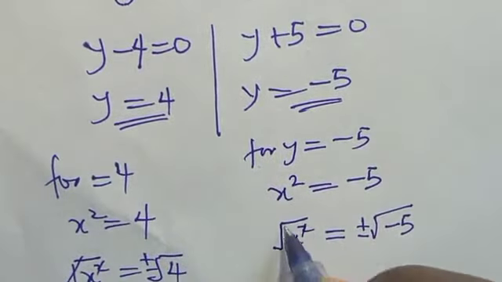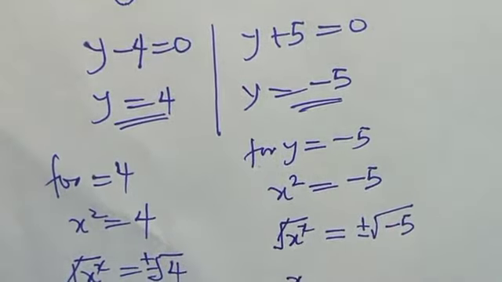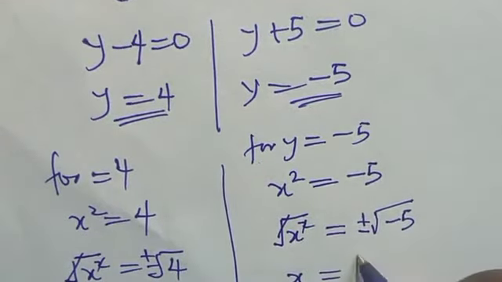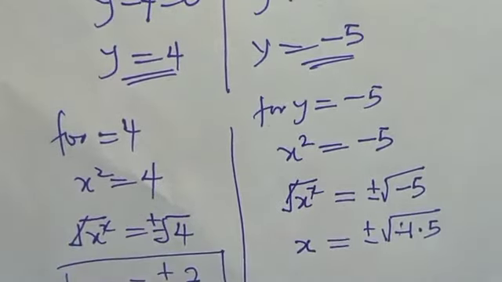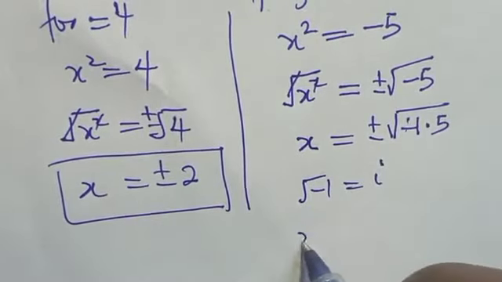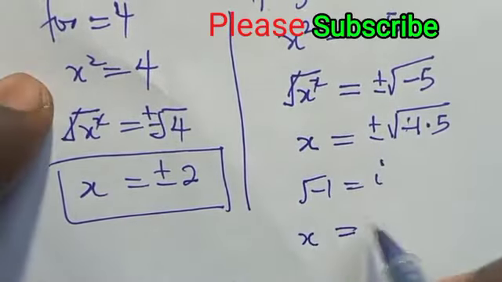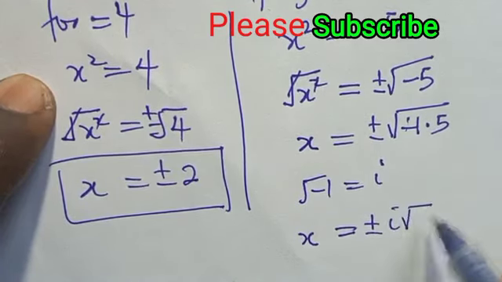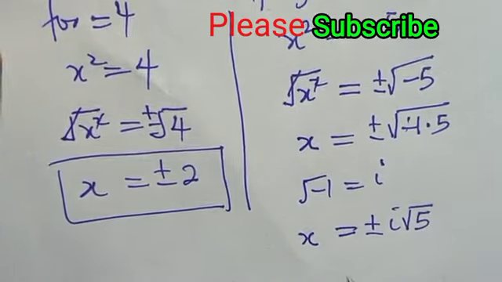The square root will cancel the square to be left with s, and this would be the square root of minus 1 times 5, and the square root of minus 1 is equal to i. So this becomes s equals plus or minus i square root of 5.